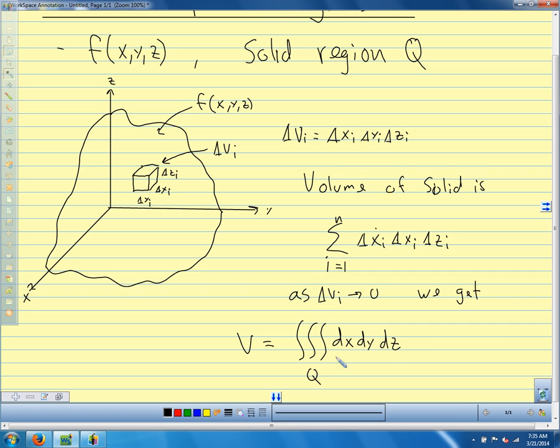And we could call this little element dv. So that would be the volume of our solid.